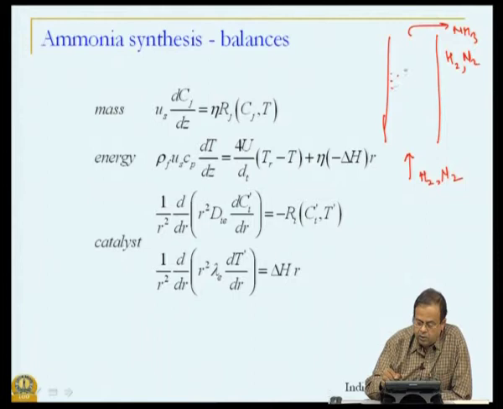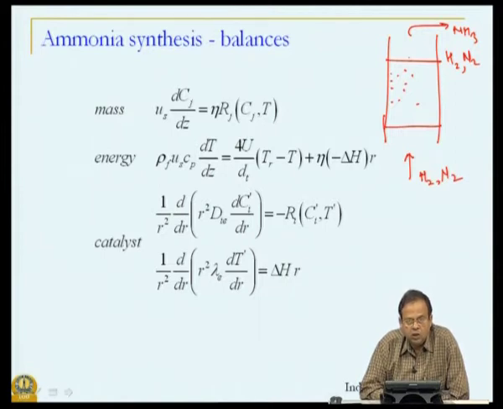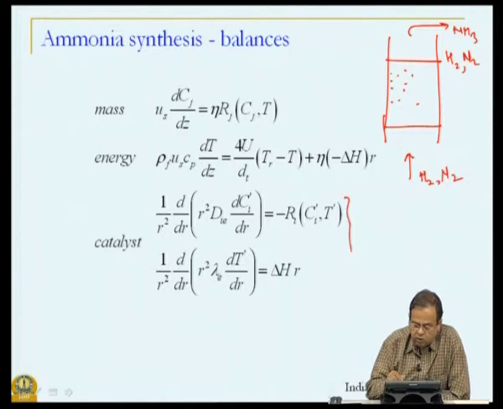There are catalyst particles, and this is a bed of this catalyst particle, and the reaction is taking place. It is an exothermic reaction. So, first I have to set up the mass balance equations for the catalyst.